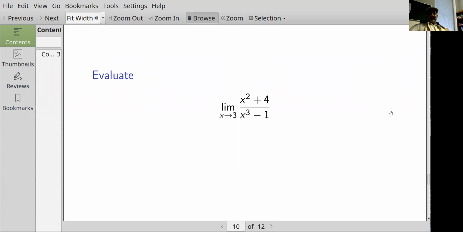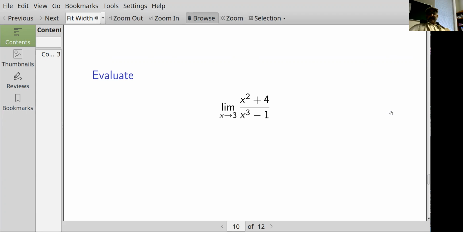Okay, so for example, we have limit as x goes to 3 of x squared plus 4 over x cubed minus 1. What kind of a function is it? Well, it's a polynomial function divided by a polynomial function. So it's a function which is continuous everywhere divided by a function which is continuous everywhere. So it will be continuous at 3 unless the denominator is going to 0 at 3.